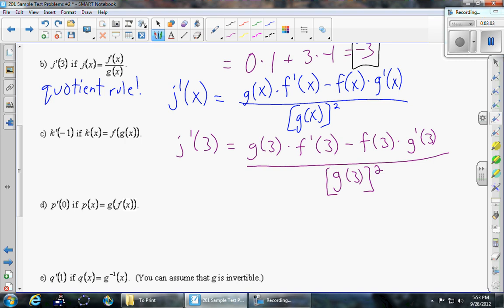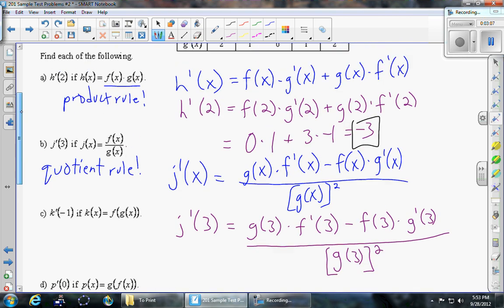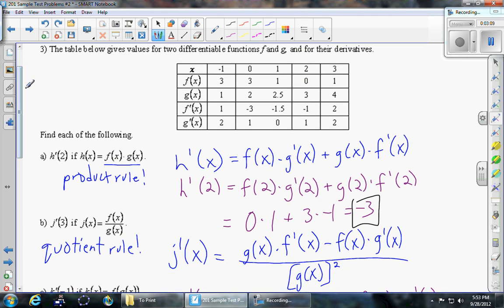And now that we've got that, again, we just need to grab all of these numbers from the table. So let's see how many we can grab here. G of 3, that's over here, that's 4, times f prime of 3, that's 2, minus f of 3, that's a 1, times g prime of 3, that's 2, and that's all divided by g of 3 squared. So we've got 4 times 2 minus 2 times 1.